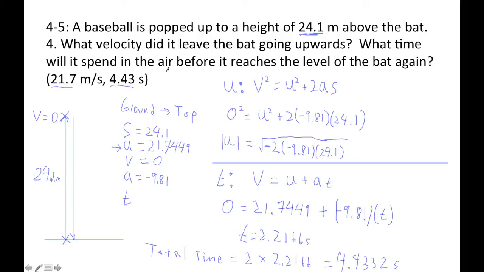If they ask you for the total time in the air, up and down, it is 2.2166 up and 2.2166 down. Add those together, that gives you your 4.43, and that's total.